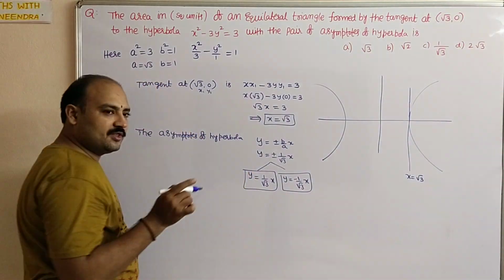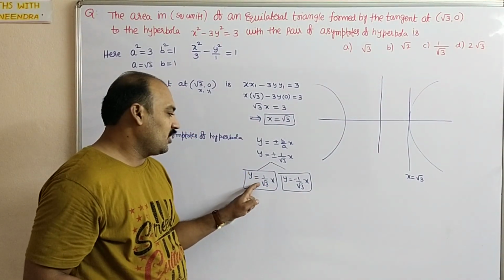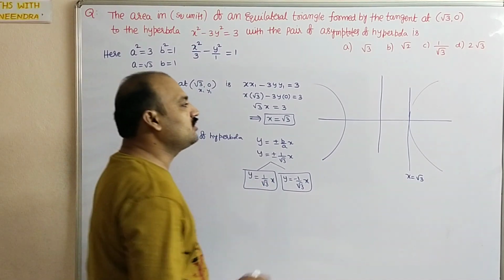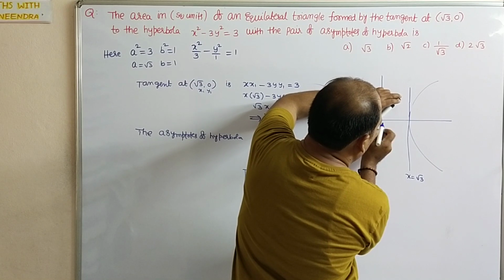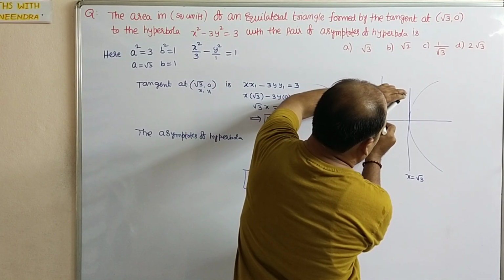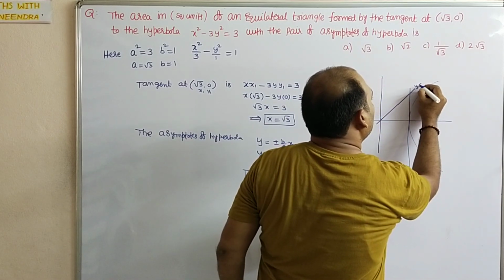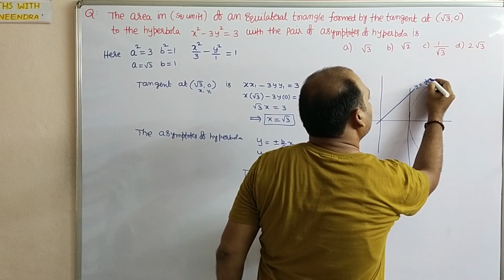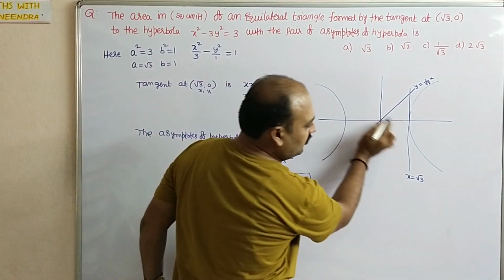Where do we have to draw these lines? y is equal to mx passes through the origin, and with positive slope 1 by root 3, this line will be like this. This is y is equal to 1 by root 3 x. Obviously y is equal to minus 1 by root 3 x is here.